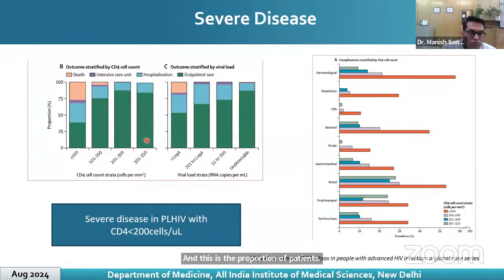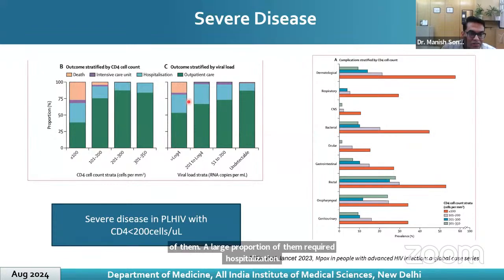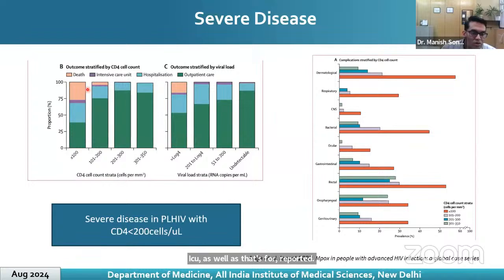Those with a good CD4 count, the majority could be managed in the outpatient department. But of those with low CD4 count and high viral loads, a large proportion required hospitalization, ICU care, as well as deaths. Deaths were reported only in those with CD4 less than 200.